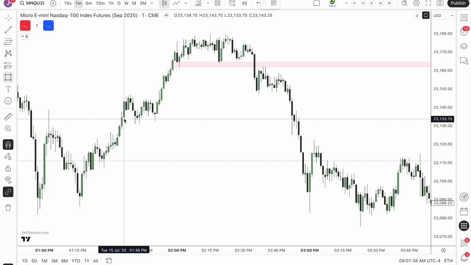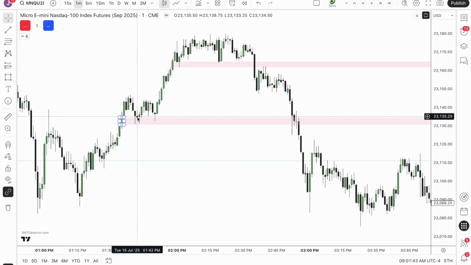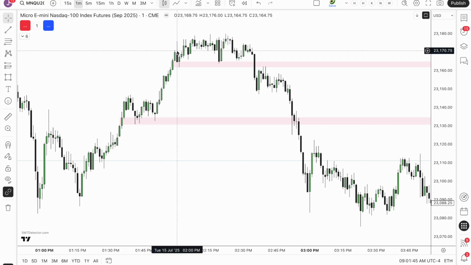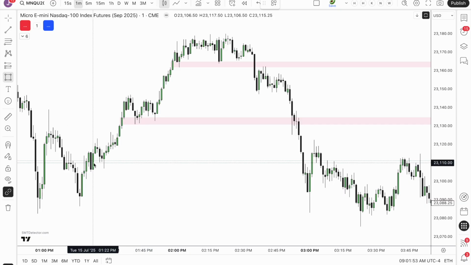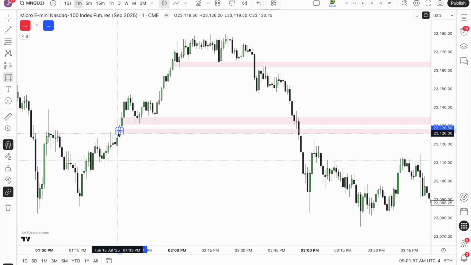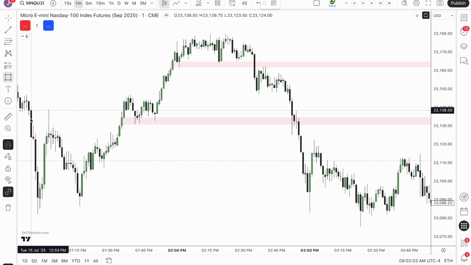This one as well is good to use. We ran higher, came back down, tested it, ran higher. Let me try and find an example of one that's not a good fair value gap. Obviously, this one is not good because there's no retest, but specifically I want to show you one that's been overtraded.